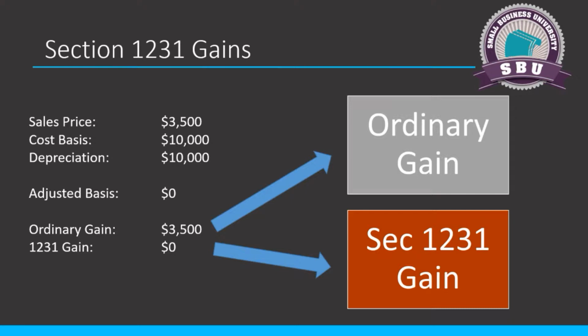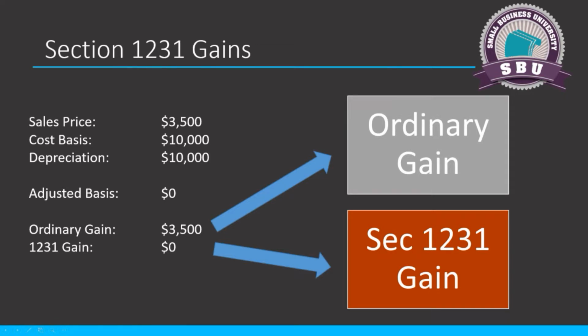But in this example, we can see the sales price is $3,500, and then the cost basis and the depreciation. The main thing to always keep in mind is that when you're recapturing depreciation, meaning you sold it for more than what the depreciable basis was, that's going to be an ordinary gain, taxable at regular tax rates. So let me show you what's going on here.